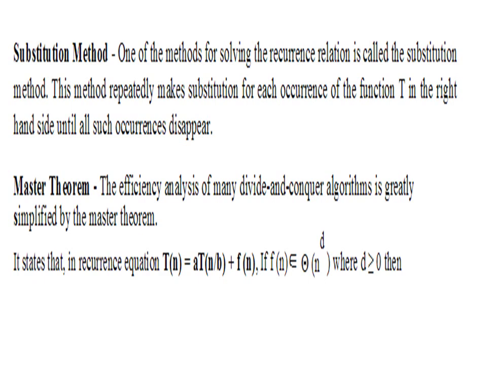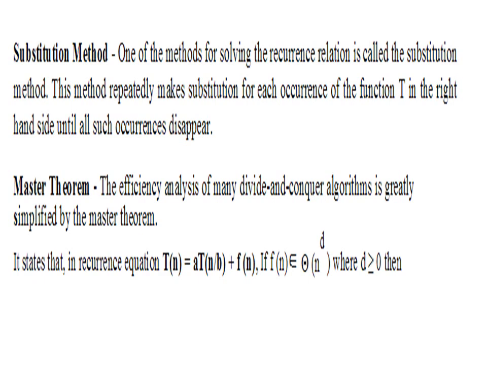There are two different ways you can solve the recurrence relation that is derived from the divide and conquer approach or divide and conquer algorithm. The first method is called the substitution method. This is a very familiar method. In the substitution method, we make repeated substitution in the right hand side of the recurrence relation.